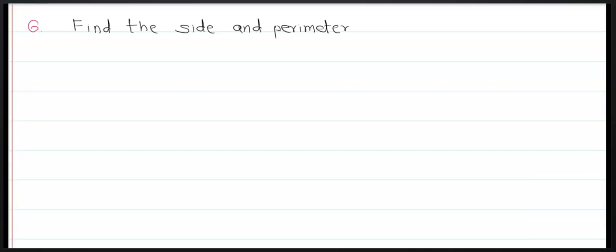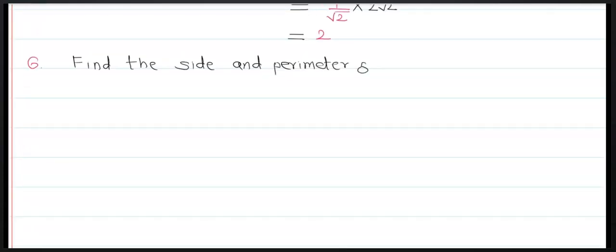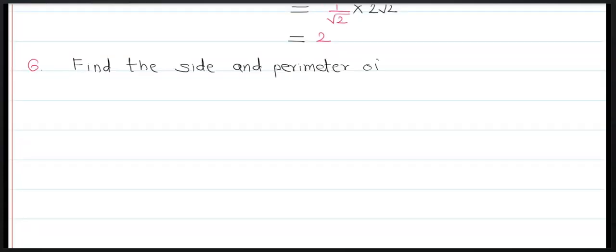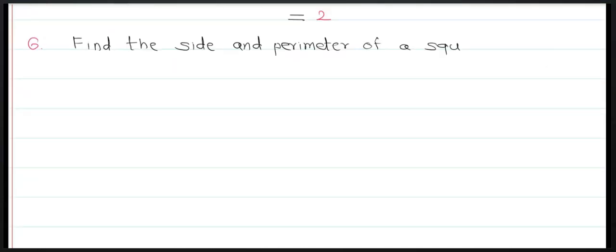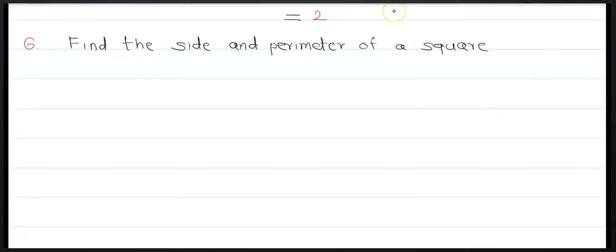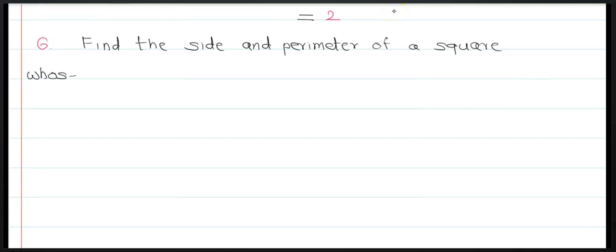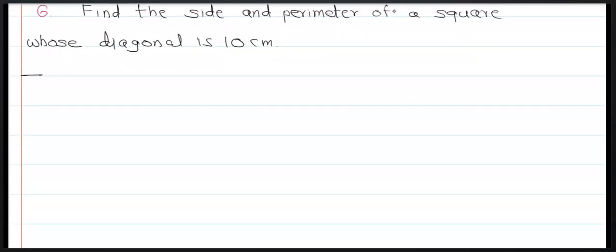Number 6. Find the side and the perimeter of a square whose diagonal is 10 centimeter.